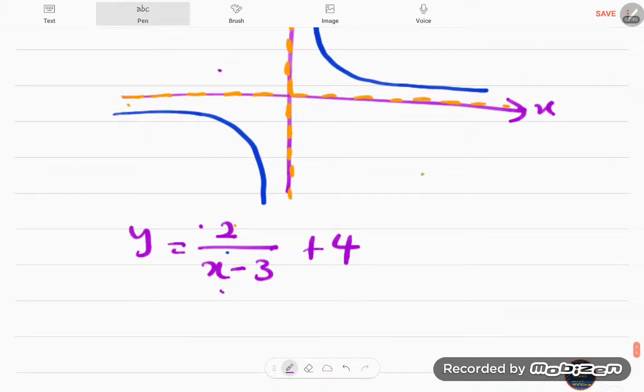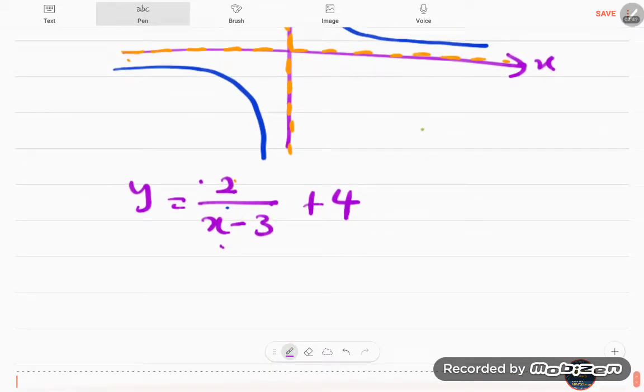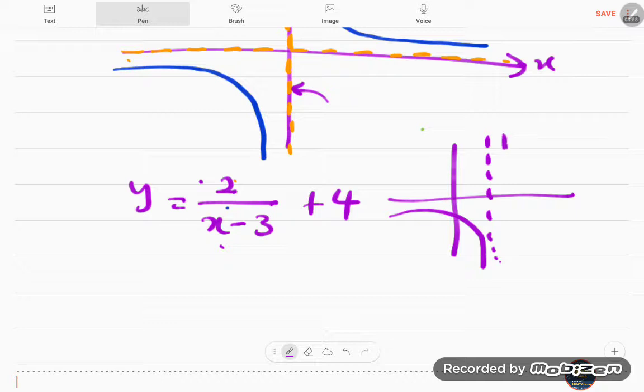So our graph goes to the right 3 units. What really goes to the right is this line of asymptote, like that. This is our graph. And notice how the y line of asymptote is still there.